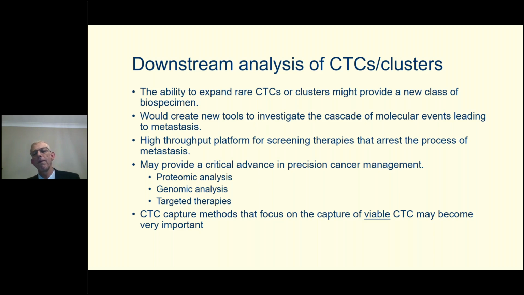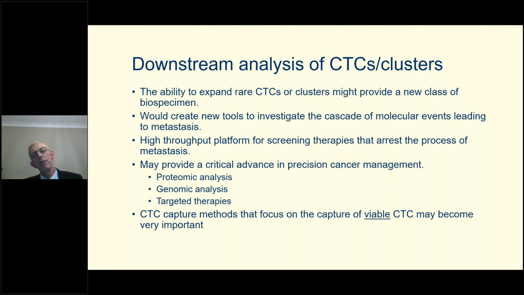High throughput platforms, as we are developing with Parsortix, for example, might be useful for screening therapies that arrest the process of metastases and provide critical advance in the precision management of cancer by allowing proteomic, genomic analysis and also an evaluation of patient stratification for targeted therapies.